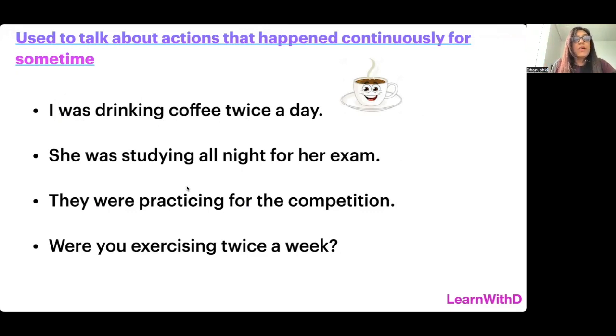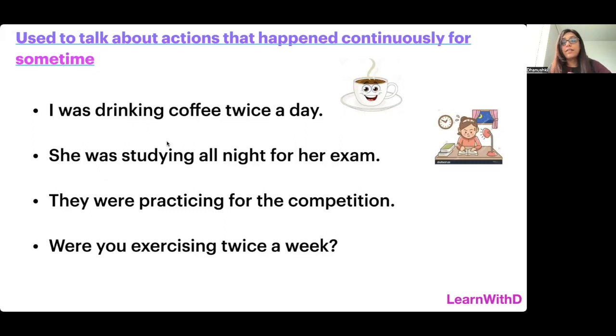Next example. She was studying all night for her exam. So she had been studying for some time, right? It's not just one time, continuously for maybe few days, maybe few weeks, maybe few months, but some time, right?